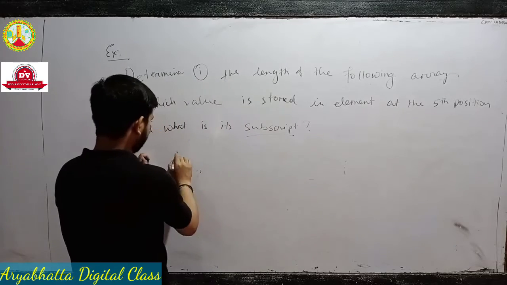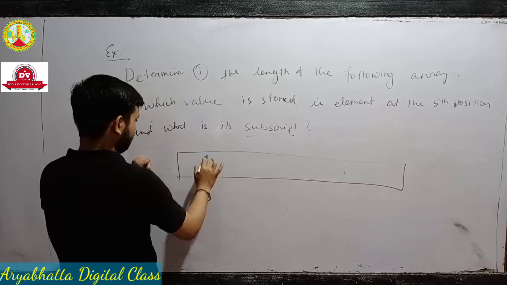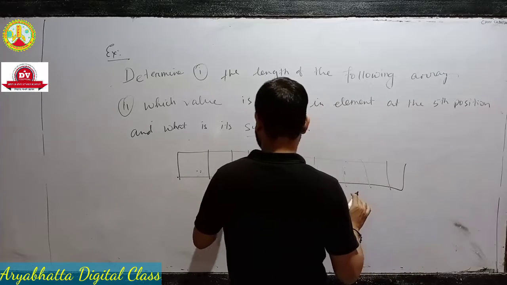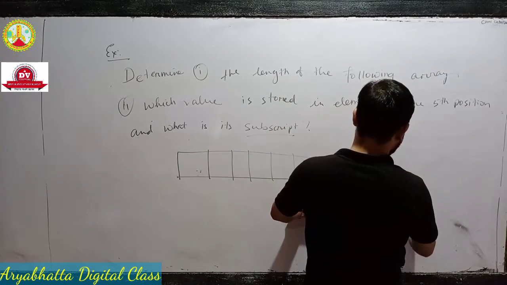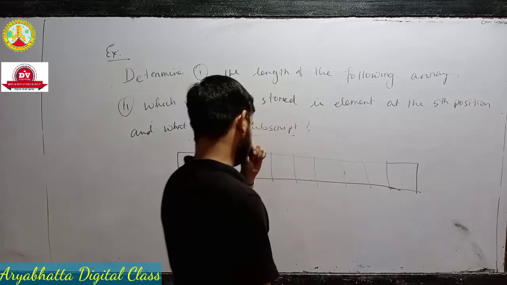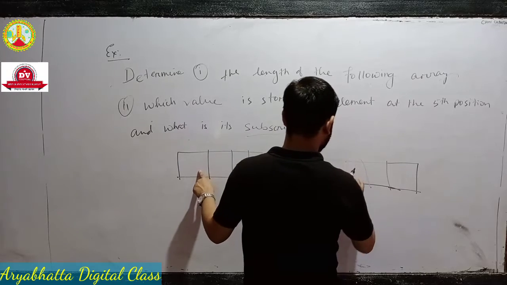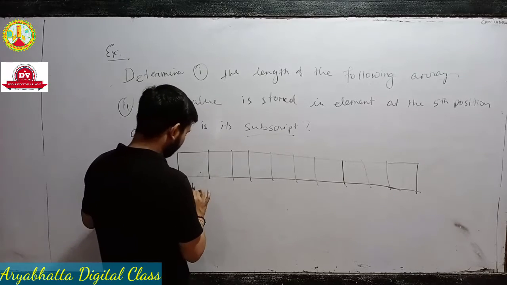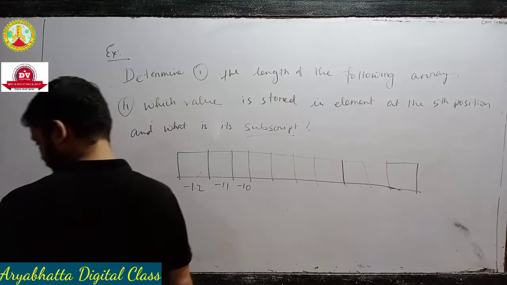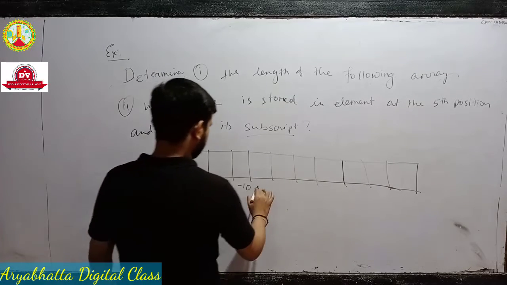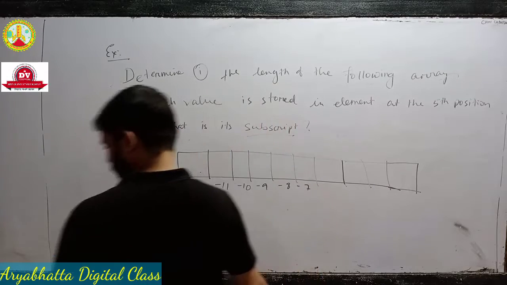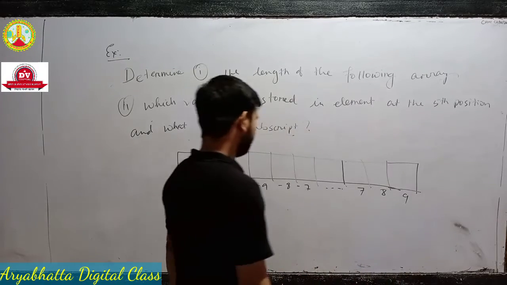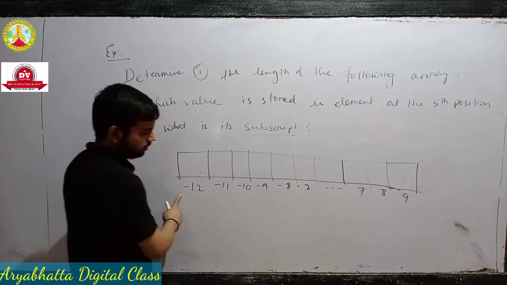The index comes from minus 12, minus 11, minus 10, means from minus 12 to plus 9.